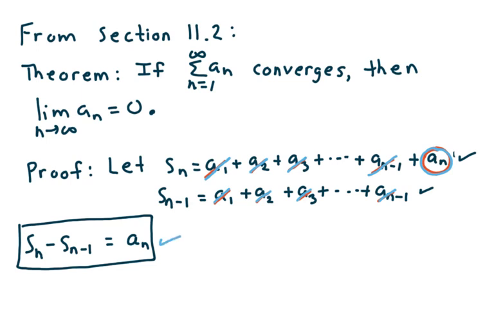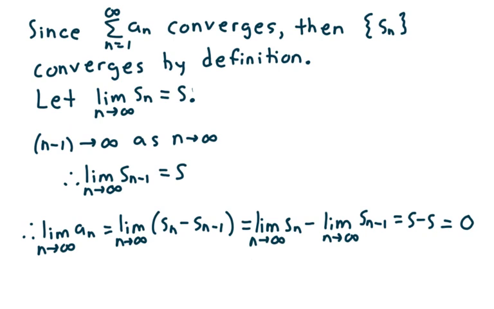From here, since the summation from n equal 1 to infinity of a sub n converges, that's what we're given, we know that the sequence of partial sums converges by definition. So in other words, the sequence s sub n converges by definition.